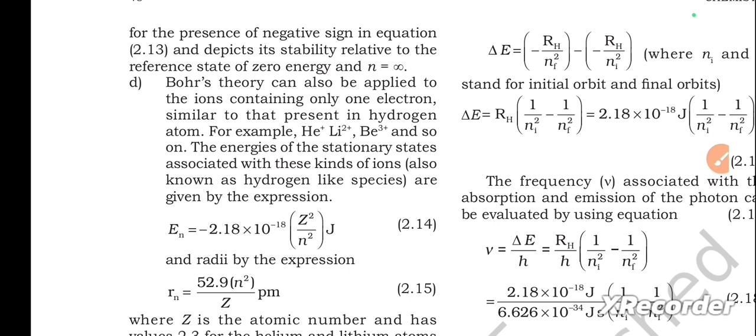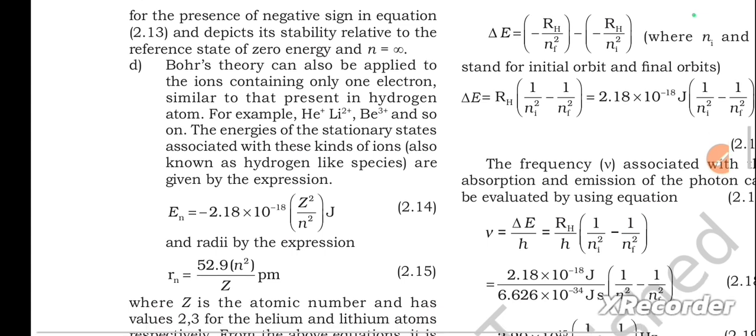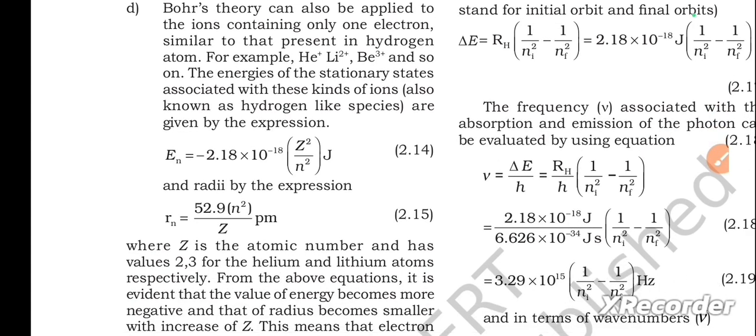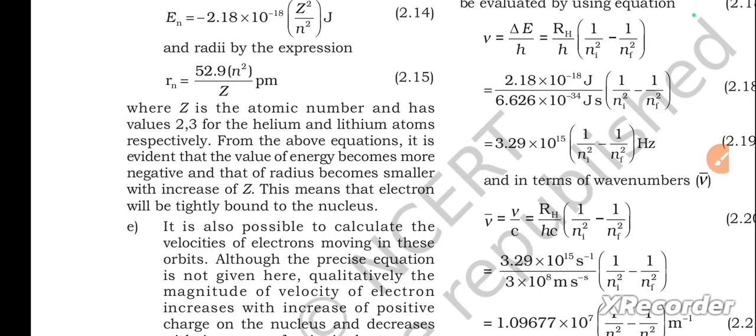The energies of the stationary states associated with these kinds of ions, also known as hydrogen-like species, are given by the expression E_n equals minus 2.18 into 10 to the power of minus 18 in brackets Z squared by n squared joules, and radii by the expression r_n equals 52.9 n squared by Z pm, where Z is the atomic number and has values 2, 3 for helium and lithium respectively.